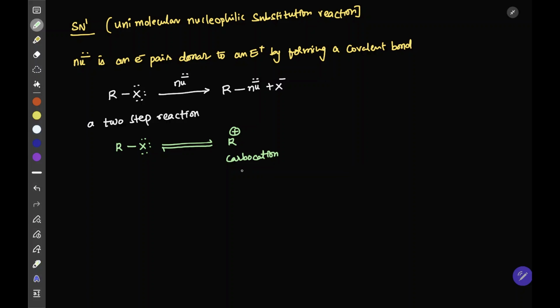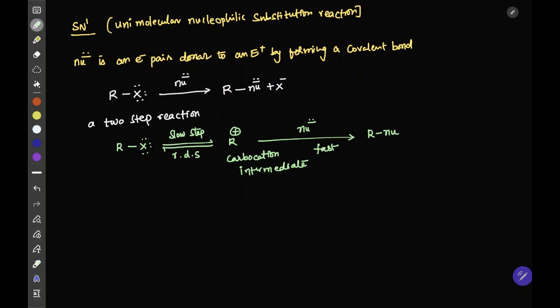This is the slowest step, which is also the rate determining step. After that the nucleophile attacks, so now nucleophilic substitution takes place. This is the fast step. So this is a two-step reaction, and the first step is the formation of the carbocation, which is the intermediate.